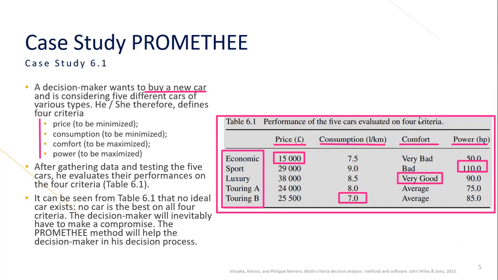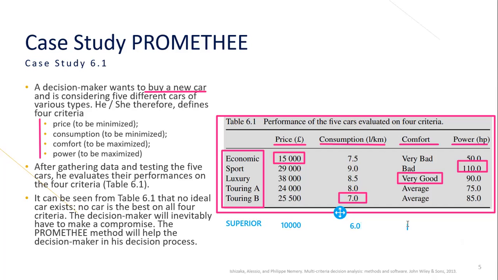If you have one that is superior to the other ones, you don't have to use this method. Just choose that one. For example, let's say I have a superior car. It means the price is very cheap, and consumption is very efficient, 5.0 or 6.0.